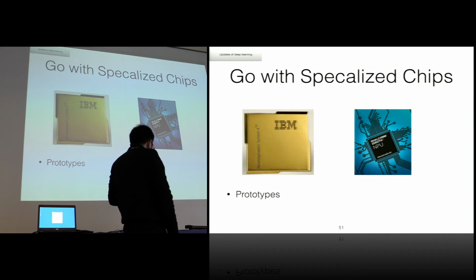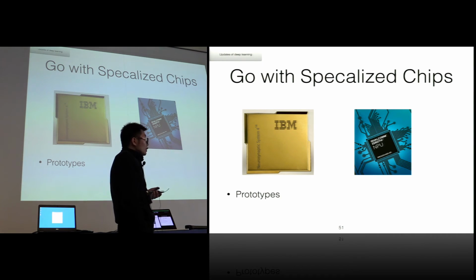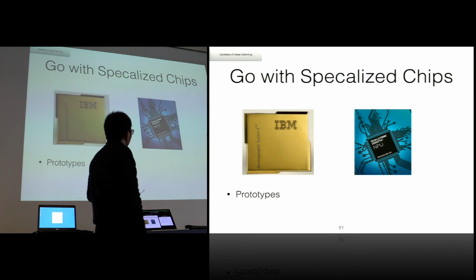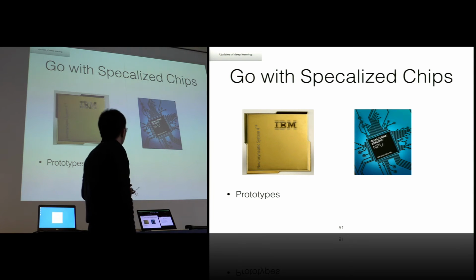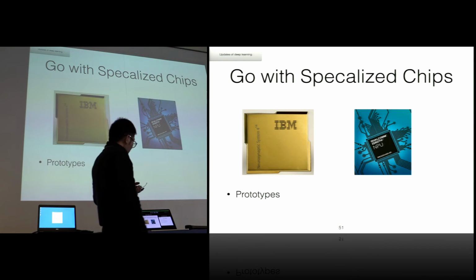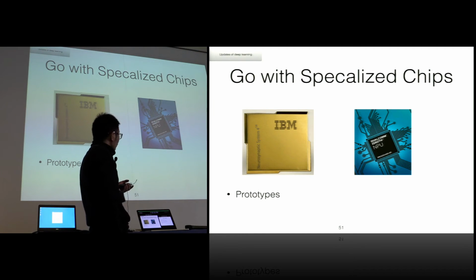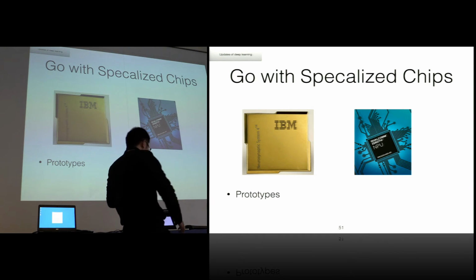Also, there is a trend for specialized chips doing neuron computation, like Qualcomm and IBM, who released prototypes of some chips. I don't see any workable or mature product right now, but it's kind of a trend. Looking forward to that.